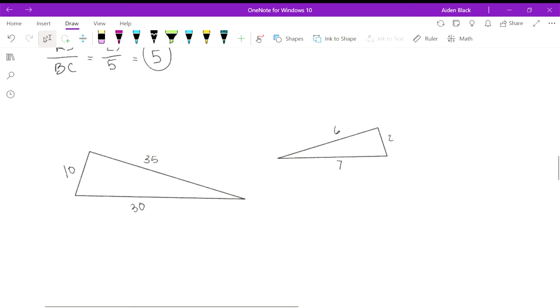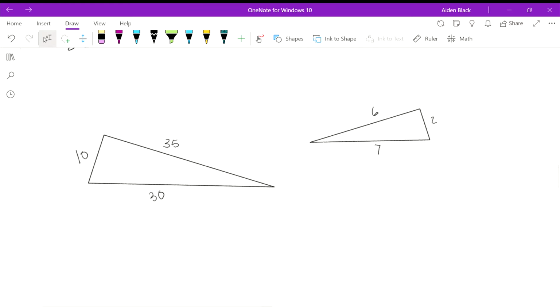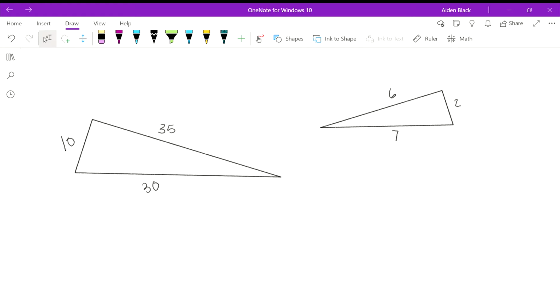How about this one? Can you guess which one this is? It's an SSS theorem. That's side, side, side. So we have to make sure that these triangles are proportional given their sides. Sometimes it's difficult to know which side corresponds to which, but usually start by looking at which lengths are the longest on each of them.